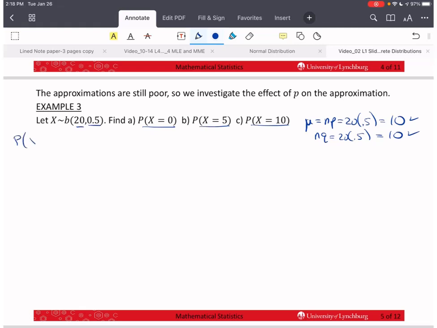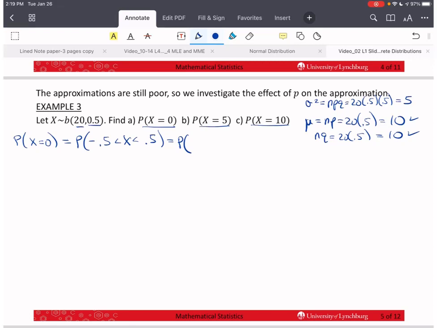So we'll start with x equals 0, and we're going to use the continuity correction, so 0.5. So negative 0.5 to positive 0.5. Now we do our transformation. I need sigma squared, which is npq, which is 20 times 0.5 times 0.5. So 10 times 0.5, which is 5, right? So 5.